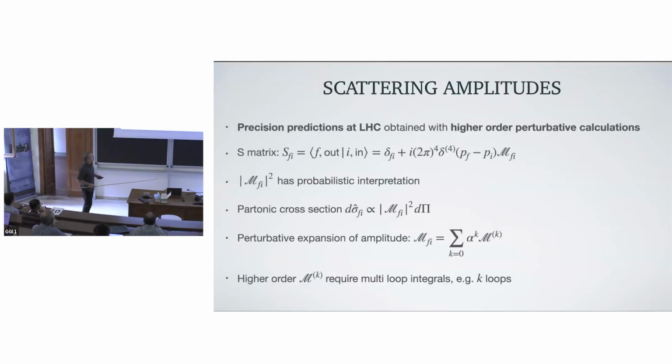So the topic of my talk is scattering amplitudes for LHC physics, and as we learned, the level of precision we're aiming at for predictions for the Large Hadron Collider requires higher order perturbative calculations, and one of the main bottlenecks in these computations is the calculation of these multi-loop integrals.